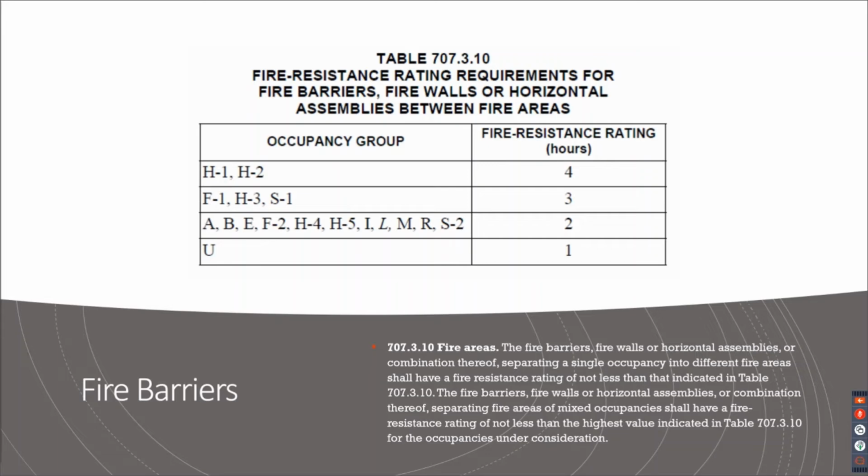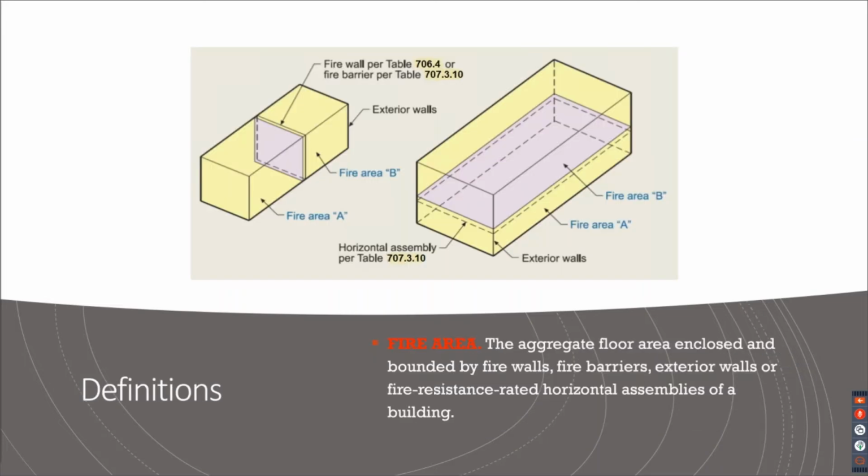So remember, when you're looking at this table and you see the word fire walls, the fire walls it's talking about here are specific for fire areas, when they're required for fire areas. Your fire wall rating that we already went through in 706 is when you need your firewalls for those reasons in that section. So what's a fire area?